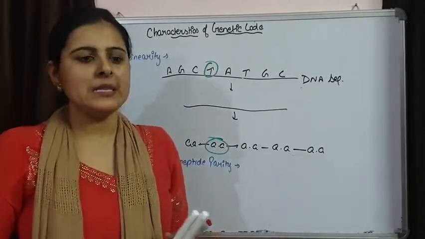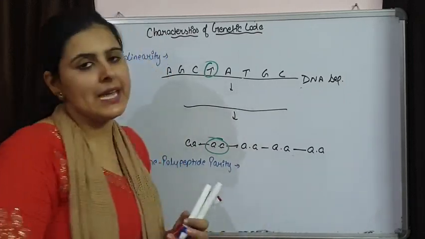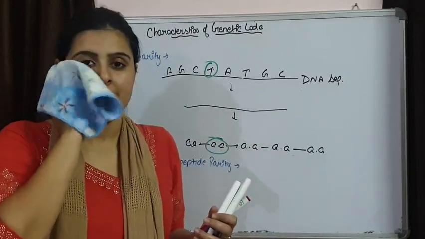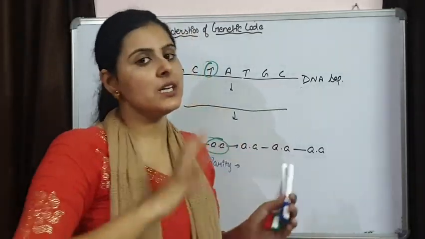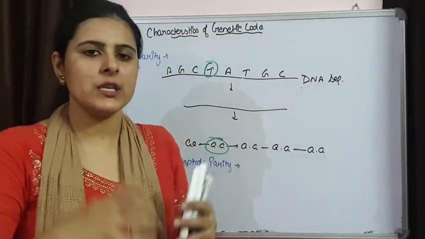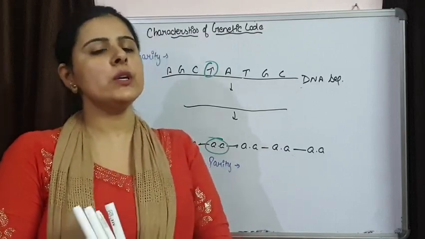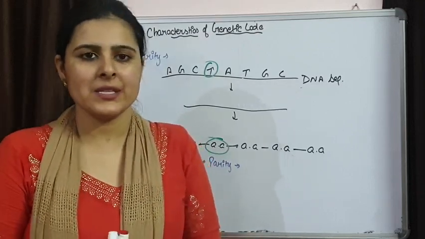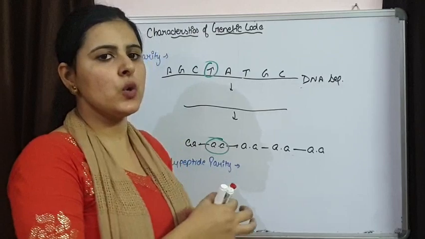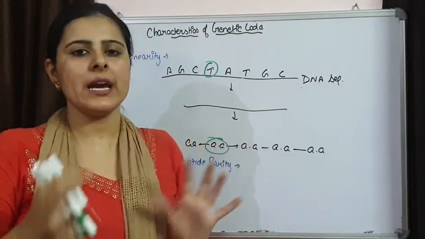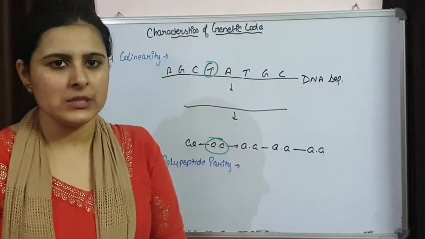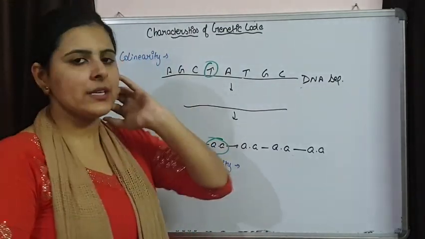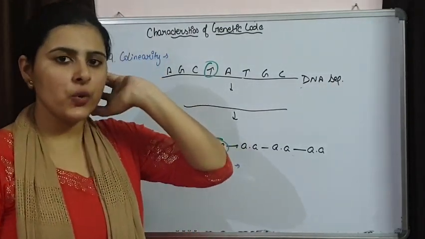It simply means that the proteins present in a cell have their specific genes in the DNA. So the total number of genes will be equal to the number of proteins present in a cell, because we know that genes hold the information in coding form for the proteins. So these are some of the characteristics of genetic code.